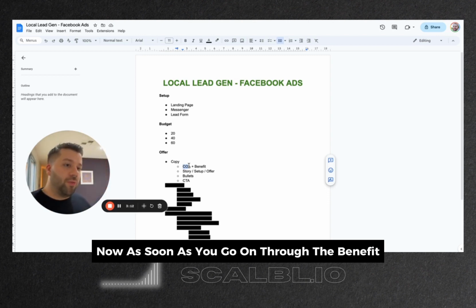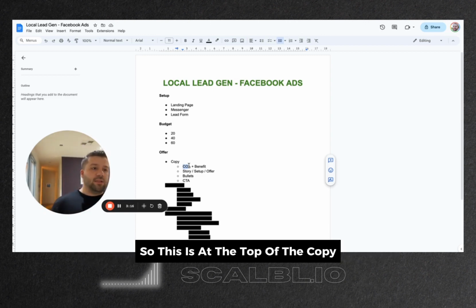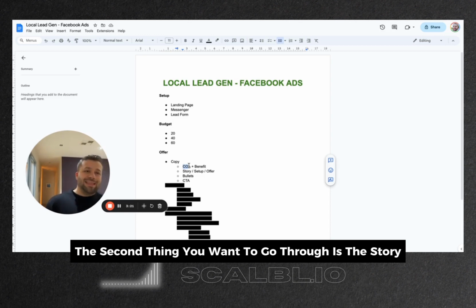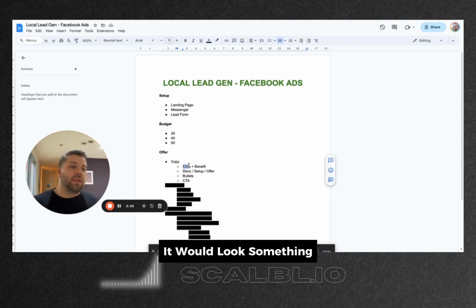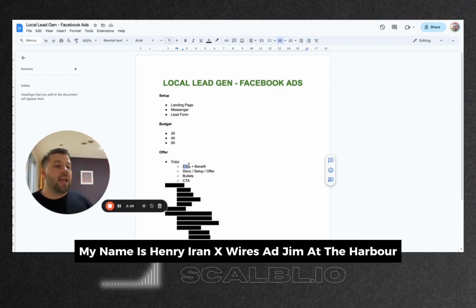As soon as you've gone through the benefit and the calling out of the audience in the headline at the top of the copy, the second thing you want to go through is the story, setup, or offer. If you're a gym, it would sound something like this: "Hey there, my name is Henry. I run XYZ Gym at Victor Harbour.